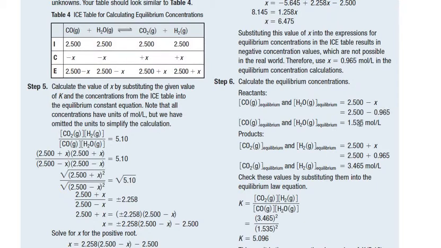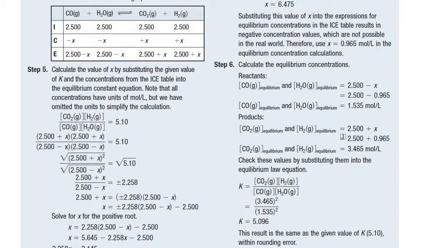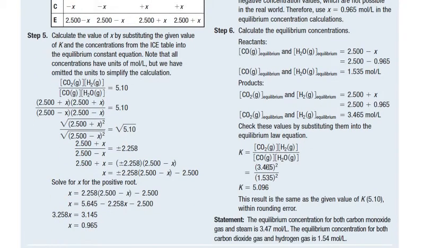0.965, so it will be 1.535, and CO2 and H2 is 2.5 plus x, which is 2.5 plus 0.965, which is 3.465. Then we sub it here to check the value of the equilibrium constant.